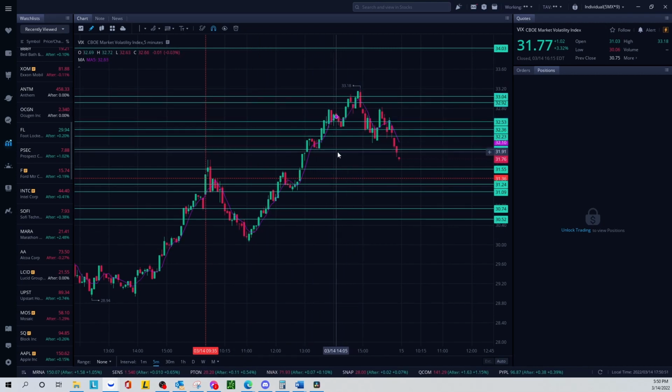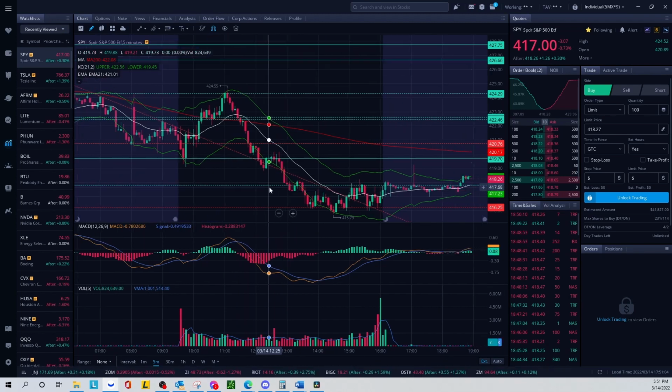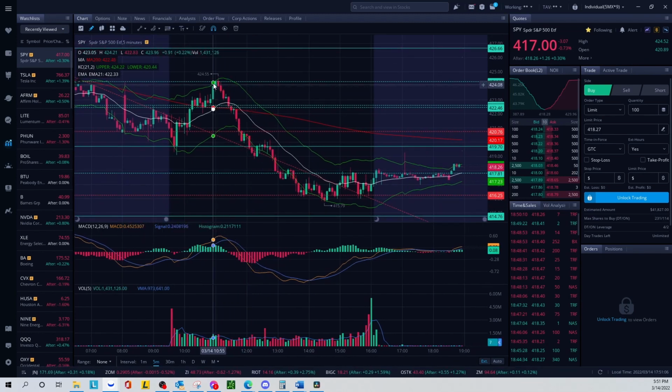As the VIX is grinding higher, what is SPY doing? What should you anticipate SPY doing? Your answer should be moving lower, right? And so you see that. So the VIX is moving higher. SPY moves from this high of 425.50 pretty much all the way down to 415.80.